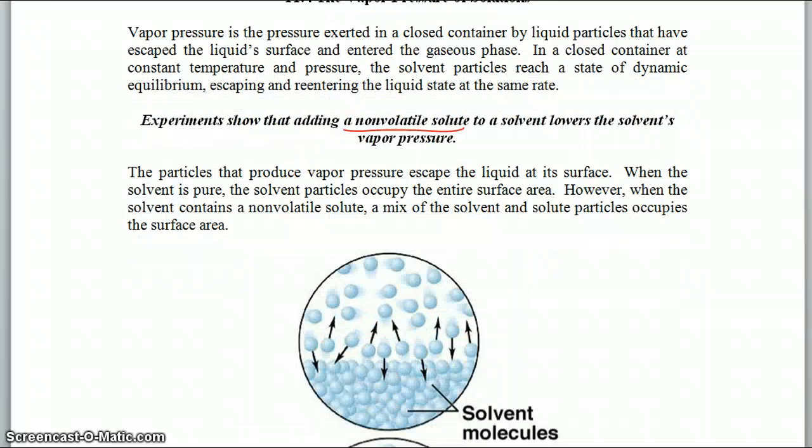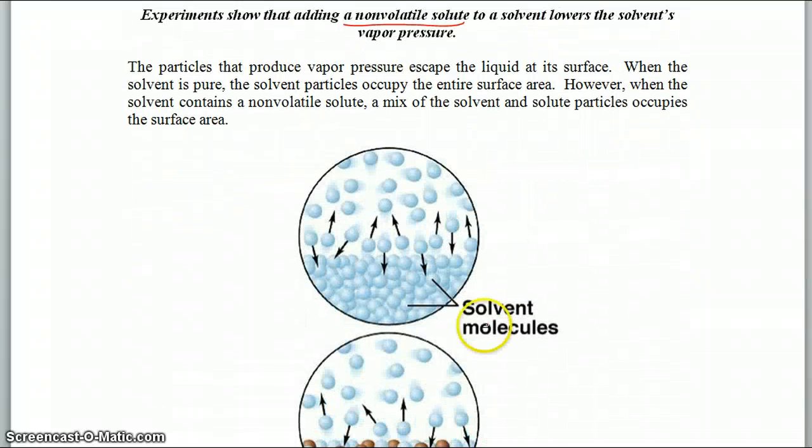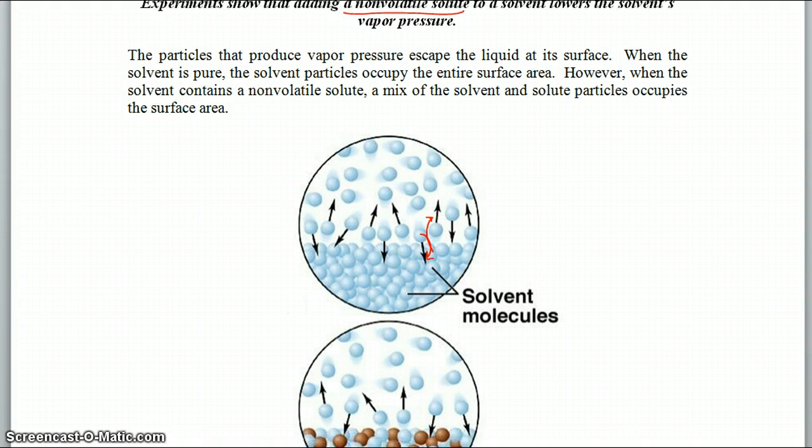Okay, and so what that means is if we compare a solvent, so this has gas particles that are becoming liquid, and then liquid that are becoming gas, so it's that condensation, evaporation that are at equilibrium.